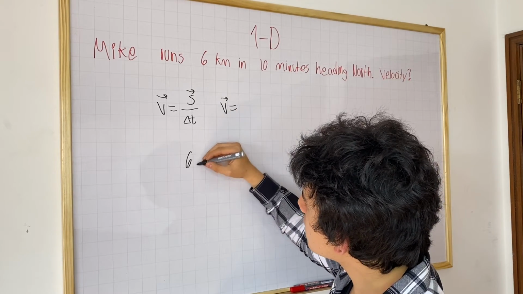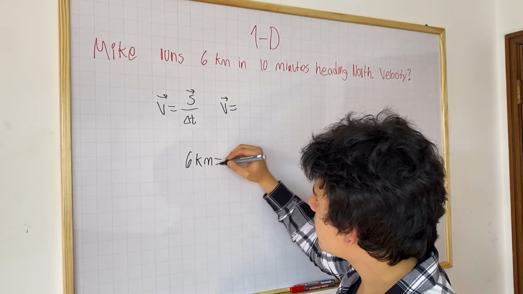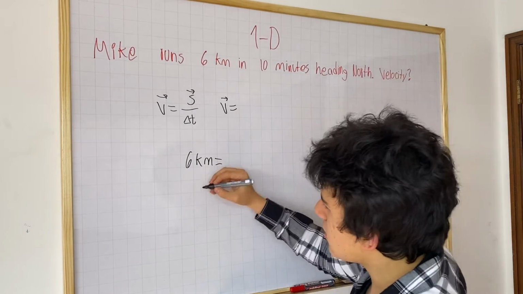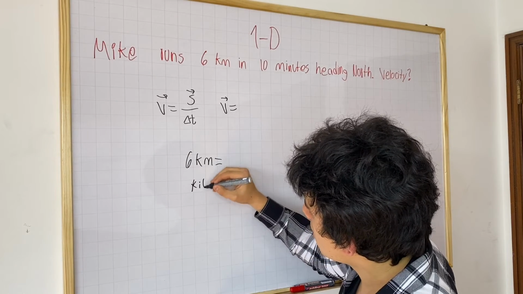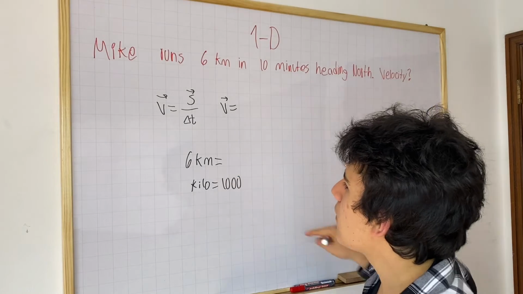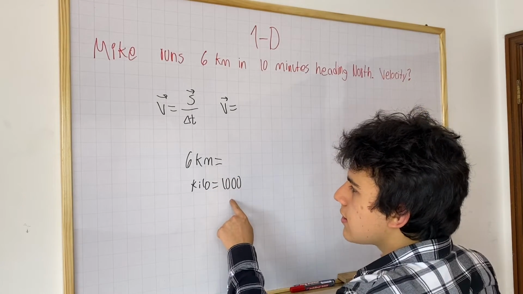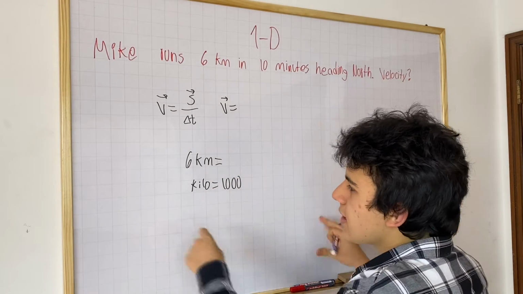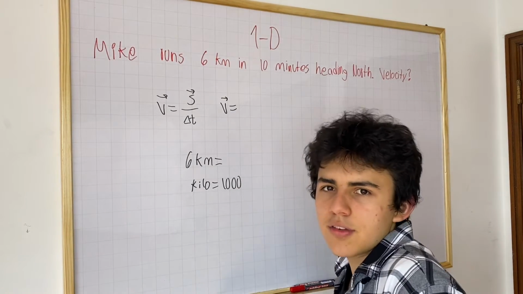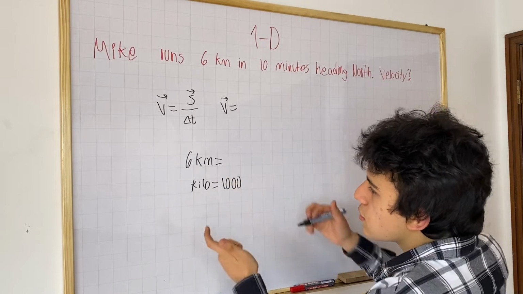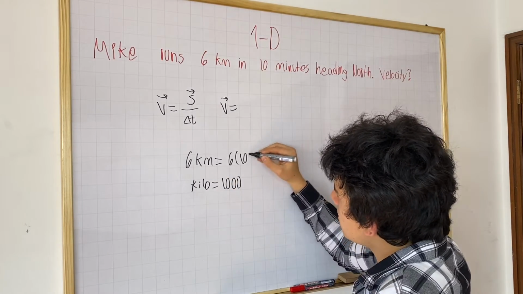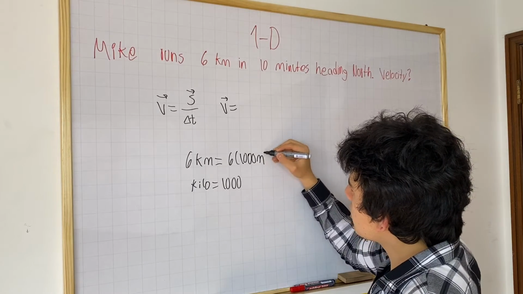So we know 6 kilometers is equal to, so remember, kilo means 1,000. So if we have 6 groups of 1,000 meters, that's simply saying 6 times 1,000 meters.